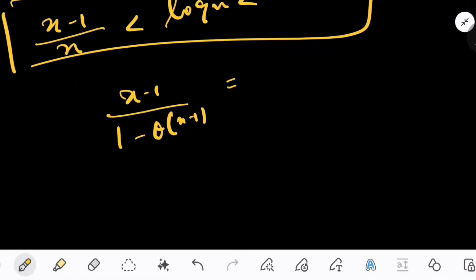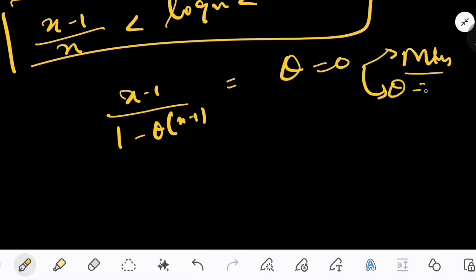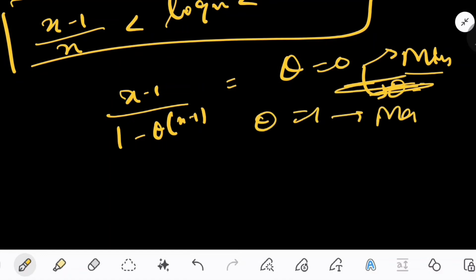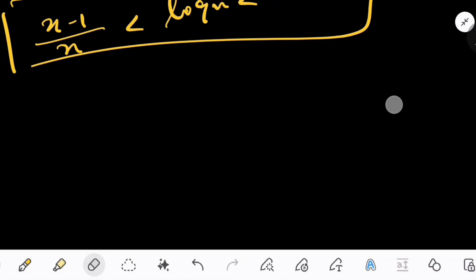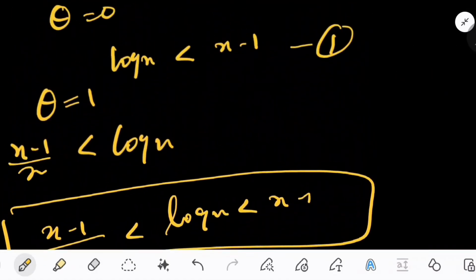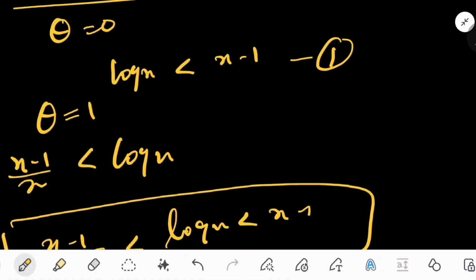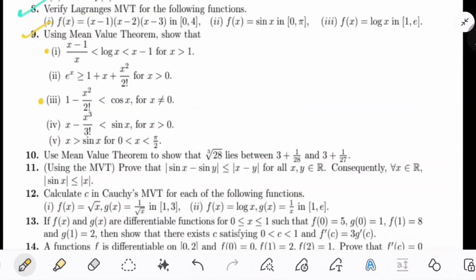In that case, theta equal to 0 would not yield the maximum but the minimum value, and theta equal to 1 would yield the maximum value, since when you substitute 0 you get the maximum value of the denominator, and when you substitute theta as 1 you get the minimum value of the denominator. Just note this, just some logic, and everything will be clear.